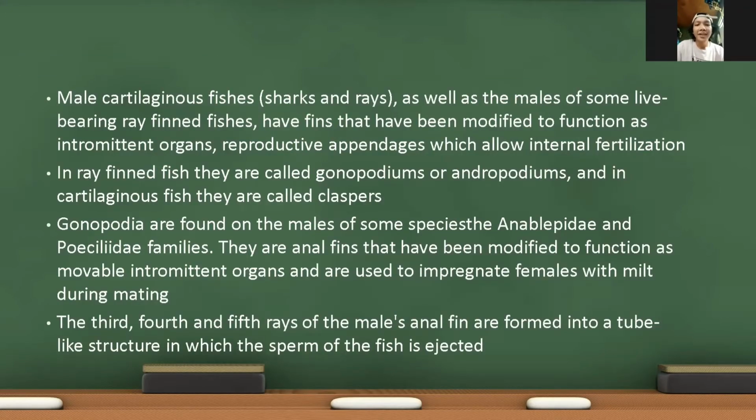Male cartilaginous fishes, sharks and rays, as well as the males of some ray-finned fishes, have fins that have been modified to function as intromittent organs, reproductive appendages which allow internal fertilization. In ray-finned fish, they are called gonopodiums or andropodiums, and in cartilaginous fish, they are called claspers.